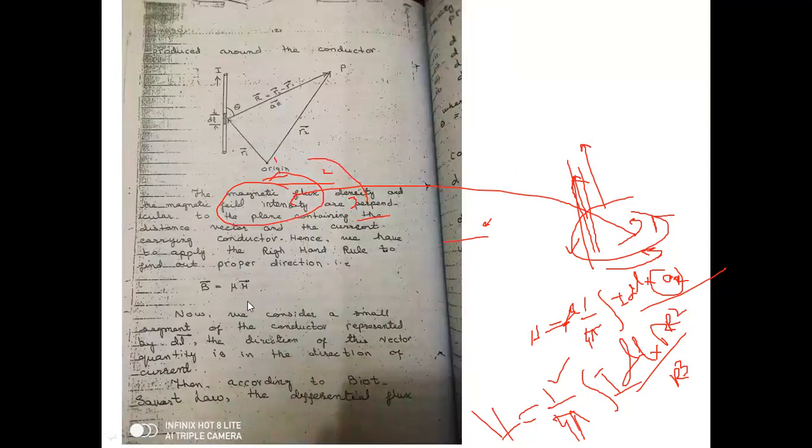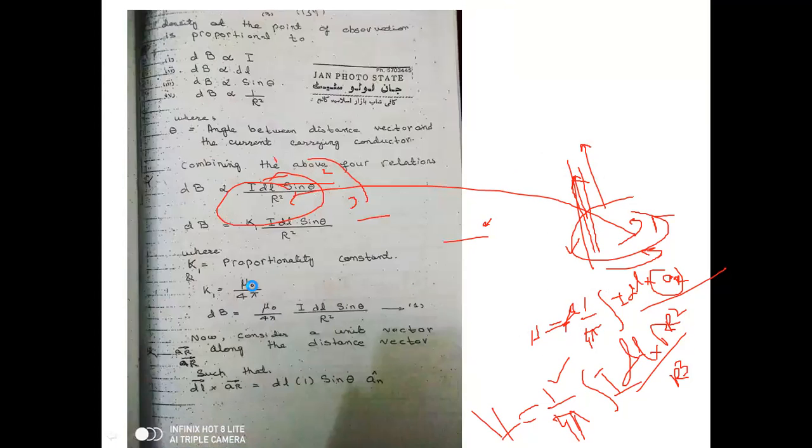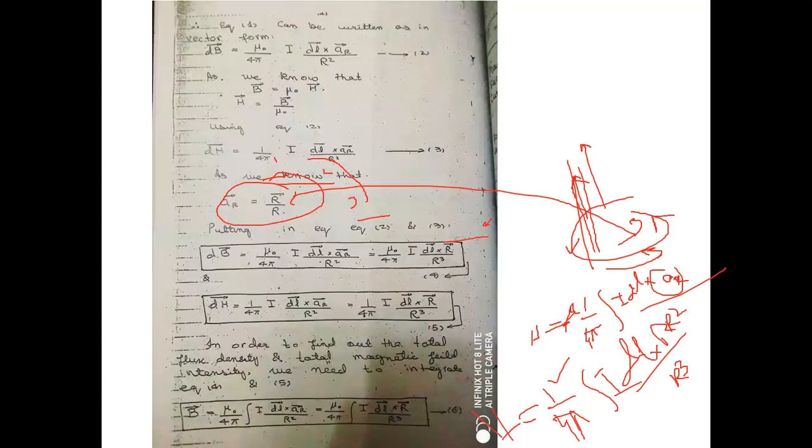So remember B and H, and these two are related by this mu. We will discuss the numericals in the next lecture. So thank you.